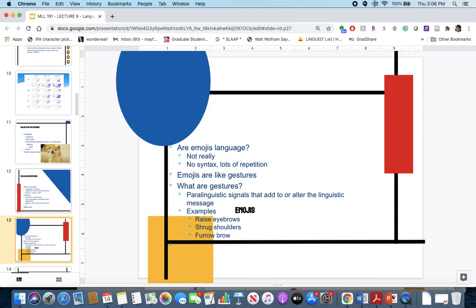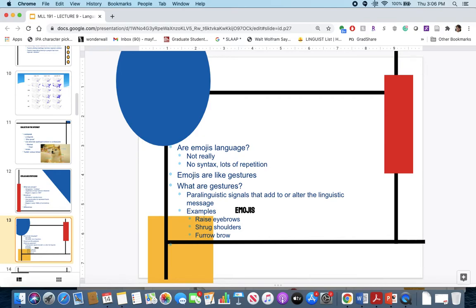So with an emoji, there's no syntax, right? So there's no way that you could create another response. It doesn't really allow for a lot of creation because there's lots of repetition.